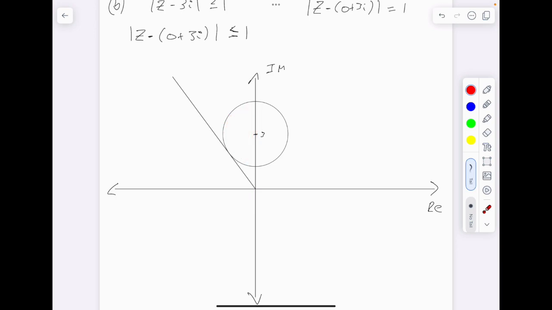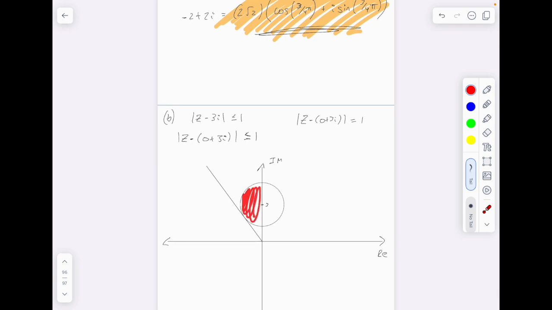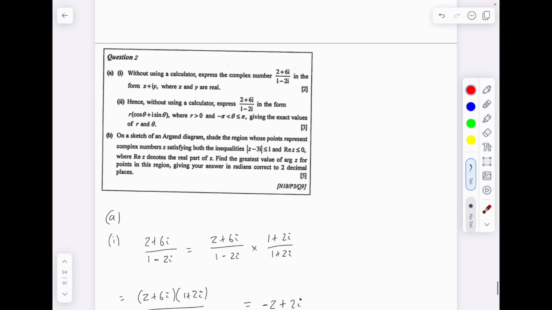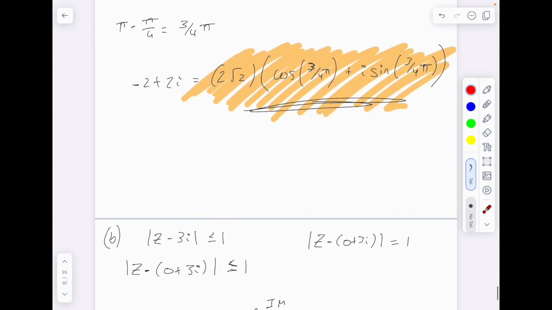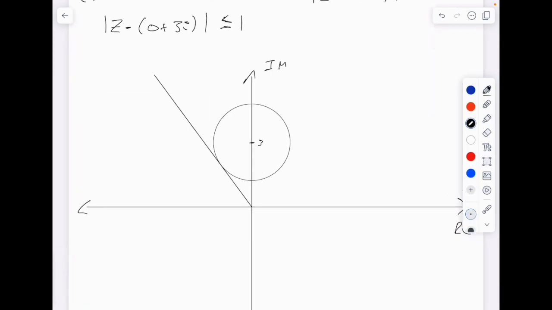And what we can say is, okay, fine, this is what needs to be satisfied, but the greatest value of the argument z is what we're looking for. And the greatest value of the argument z is going to be where the tangent here touches the circumference of the circle.